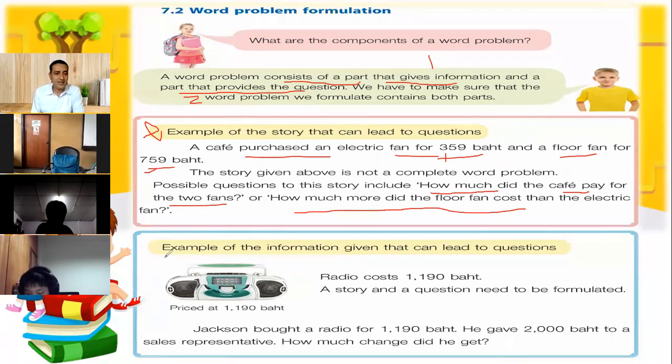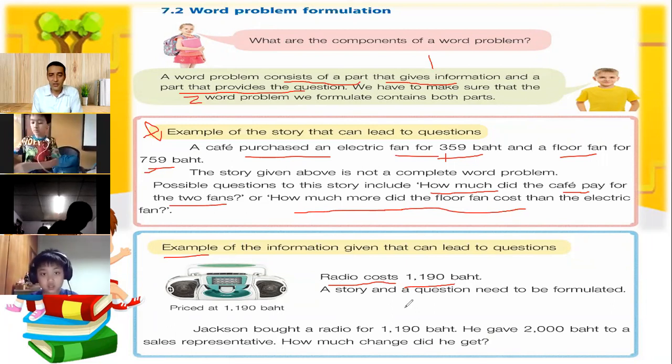Now let's see another example. Example of information given that can lead to a question. We have here the information: a radio costs 1,190 baht. A story and a question need to be formulated. Here we have only the information.